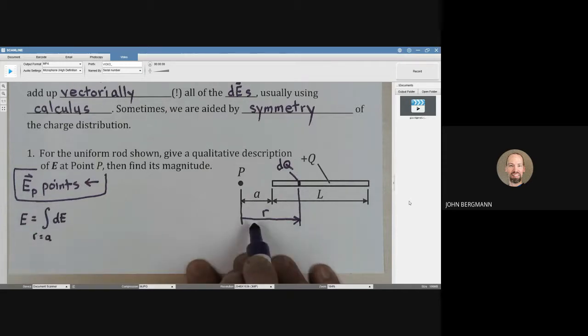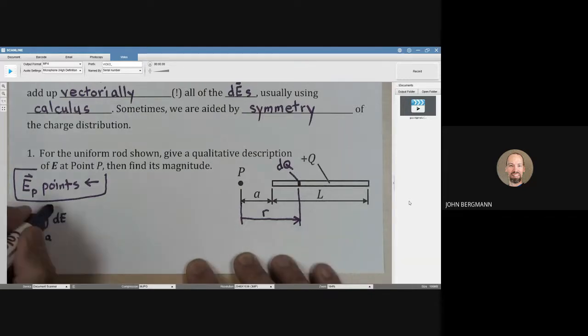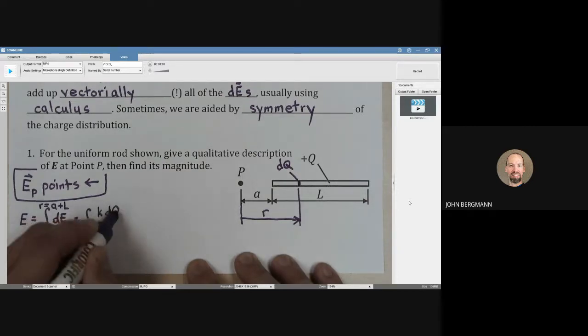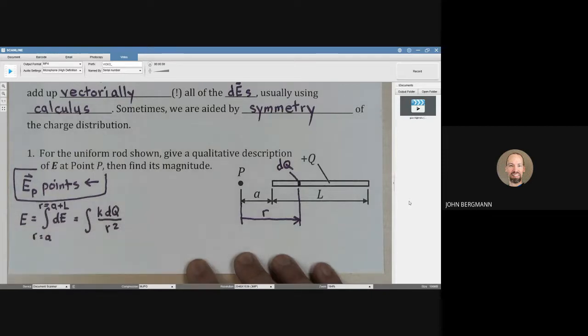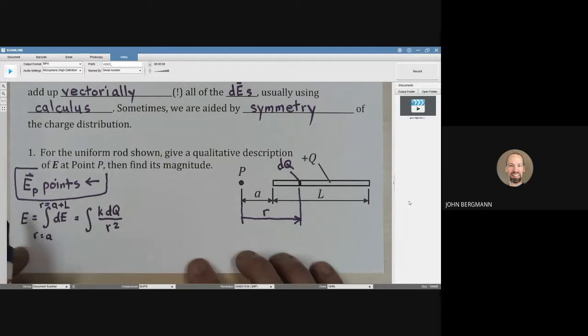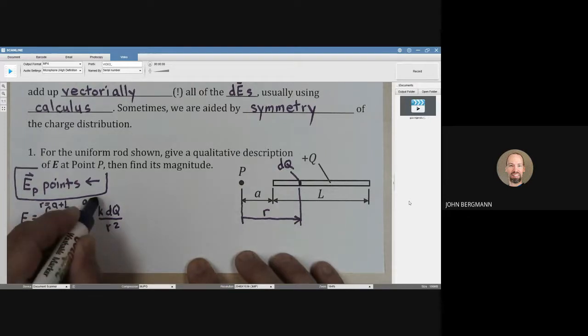And then eventually, r is going to stretch all the way to here, which is a plus L. Now, E, we said in a recent video, is kq over r squared. So dE would be k dq over r squared. And again, the limits of that integration are going to be from a to a plus L.